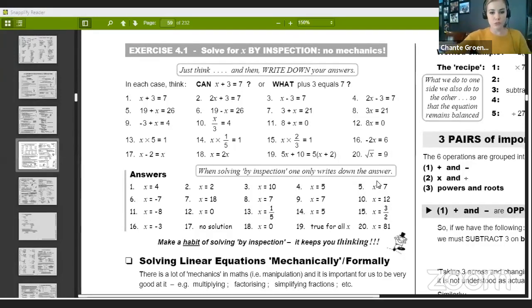We're starting off easy. Sorry, I meant exercise 4.1 in the chat box there.